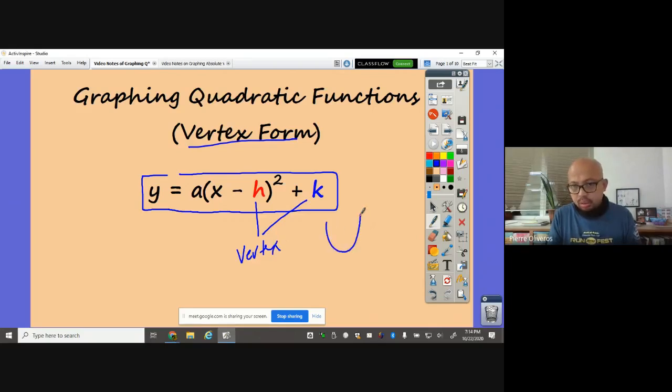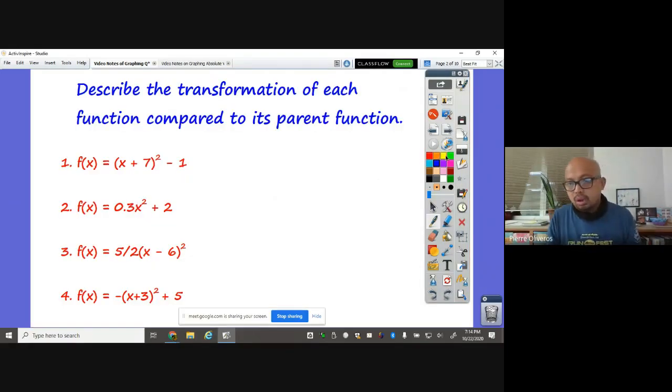The vertex could be the minimum or the maximum, depending on whether the parabola is concave upward, which makes it a minimum, or concave downward, which makes it a maximum. There are also the axis of symmetry and the table of values, but we'll go over those things as we keep going in this video.